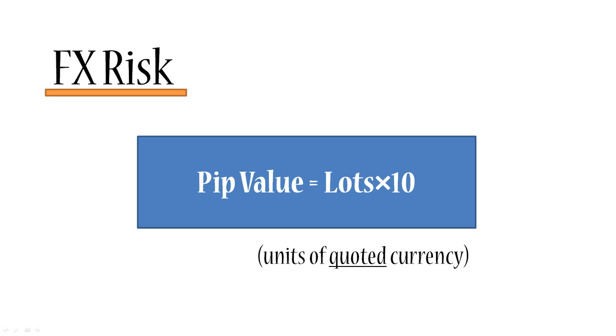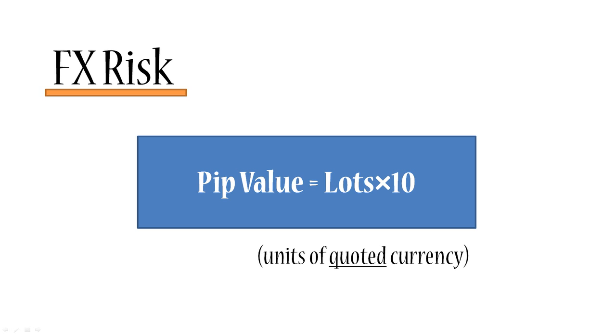Let's remember here, this is pip value, so not points but pips, and it's not going to change whether it's a 4-digit or 5-digit broker. It's always 0.0001.